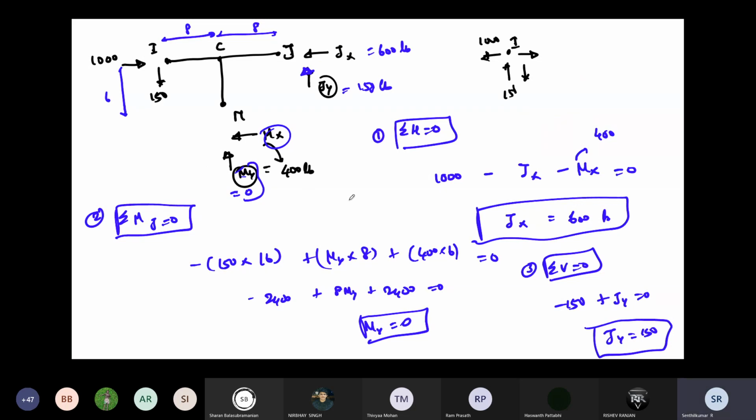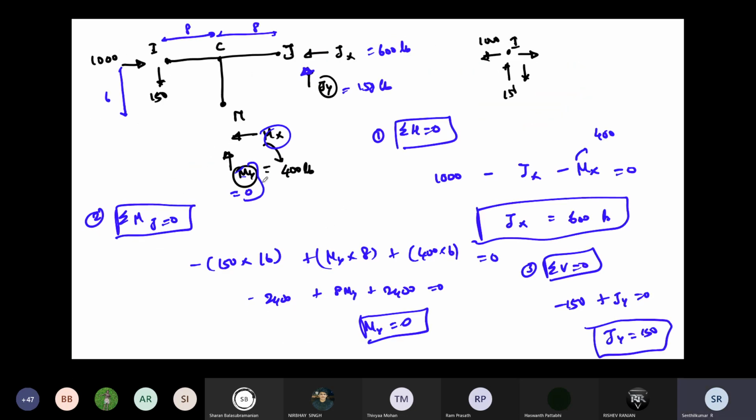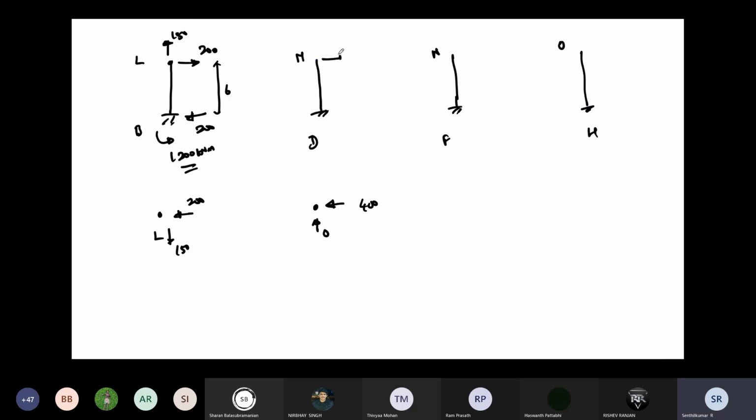Then again for M, what are your M values? Mx is 400. My is 0, right? So Mx is 400. Again the direction 400 will be there. So we have no reactions. So this will be 400, and again this will be 400. So what about your bending moment?